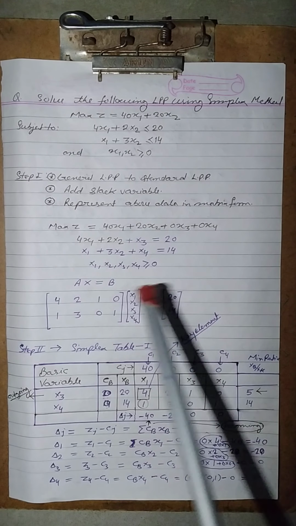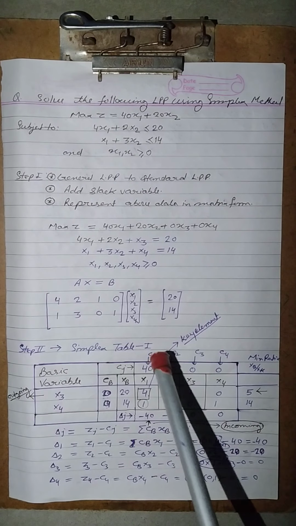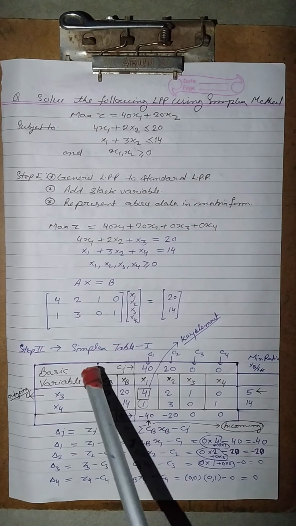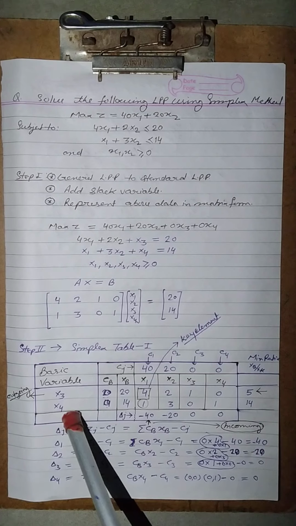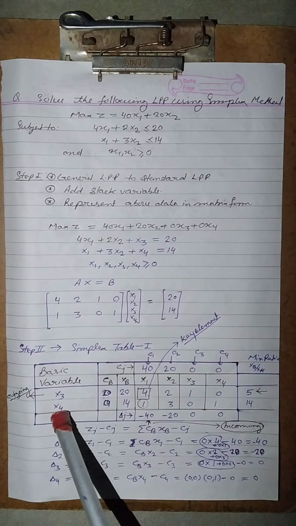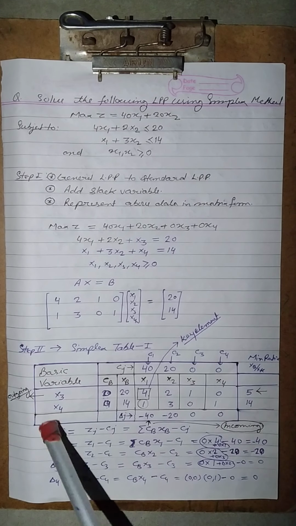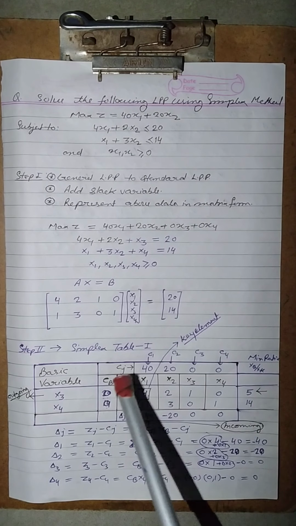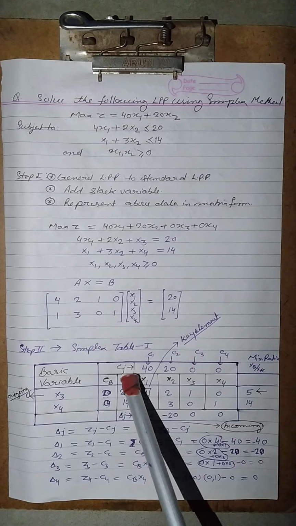In step second, this is the first simplex table, in which the basic variables are x3 and x4. CB is the coefficients of x3 and x4, that is 0 and 0.